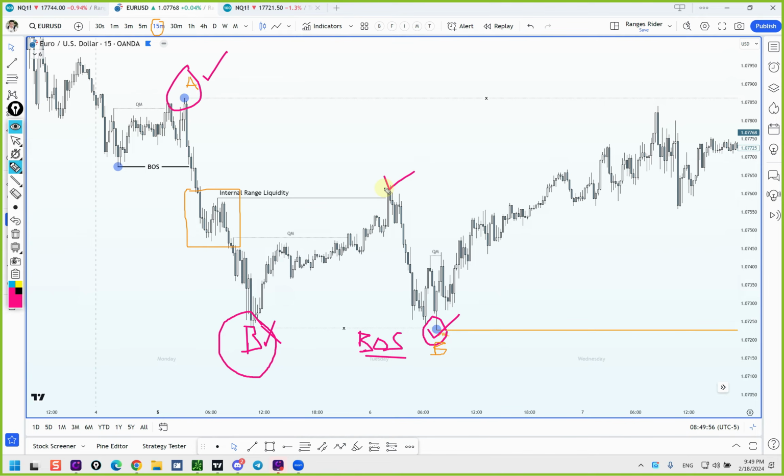Because if you were to drop down to either the 3 minute or even the 1 minute, you could find a valid QM here, which would make it something like this.